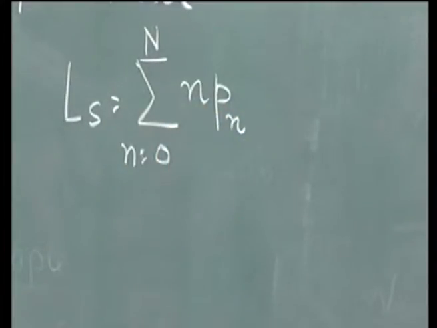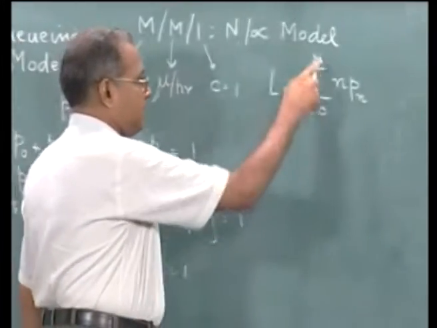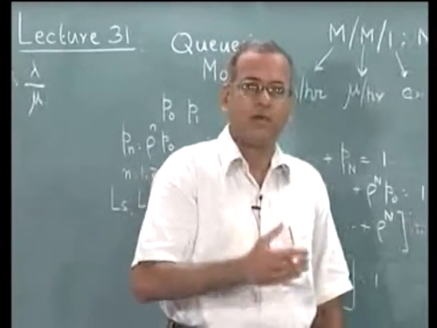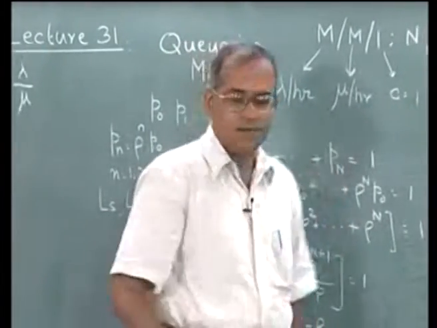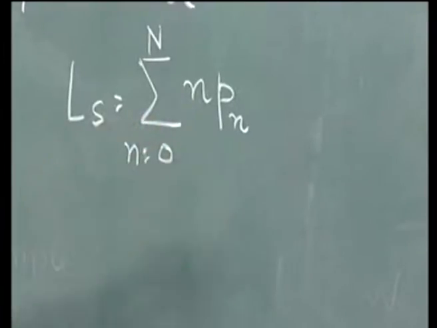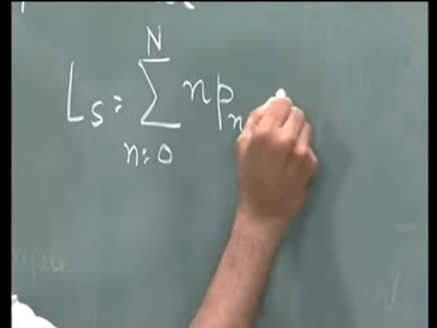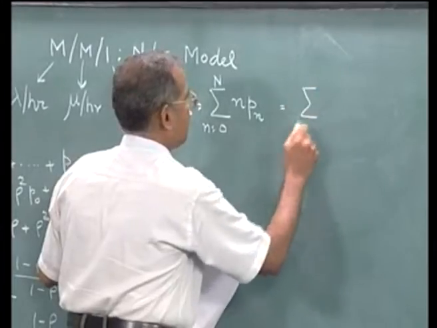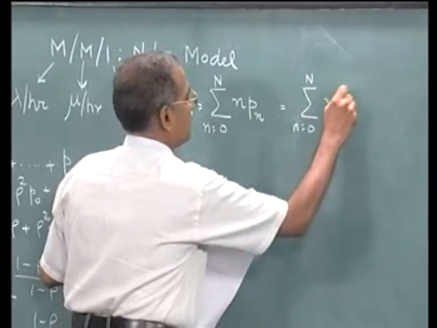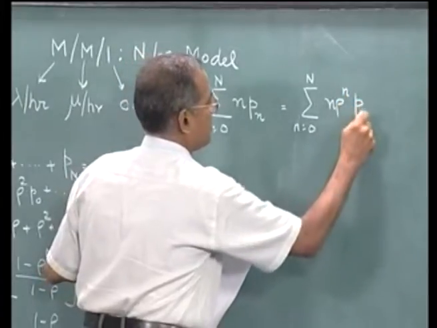Now, Ls is the expected number of people in the system. So, it is an expected value from 0 to capital N, because we may have 0 people in the system, 1, 2 etcetera up to capital N. So, this will be like 0 into P0 plus 1 into P1 plus 2 into P2, it is a normal expected value. So, we write the expression here. So, this is sigma n equal to 0 to N n rho power n P naught.